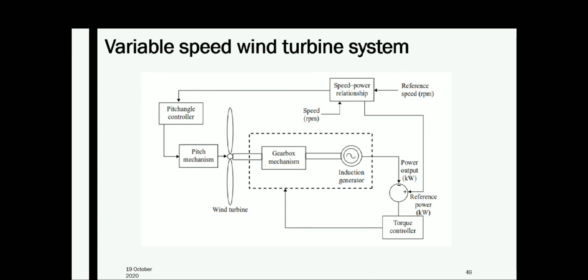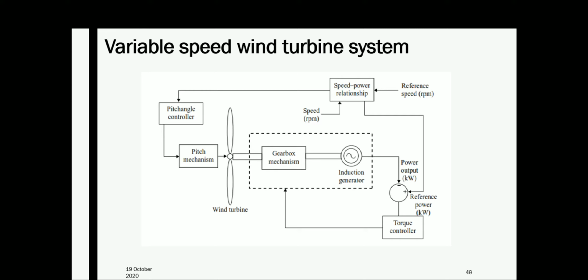Pitch mechanism, the wind turbine, then gearbox mechanism, induction generator, and the power output is compared with the reference power, and accordingly the torque controller will operate, and the reference power is generated. That command is dynamically changed with respect to the information from the pitch mechanism and the pitch controllers. So this is a closed loop speed control mechanism for wind energy conversion systems.